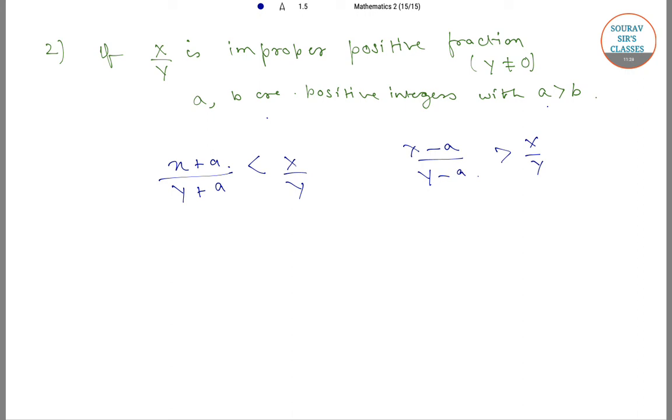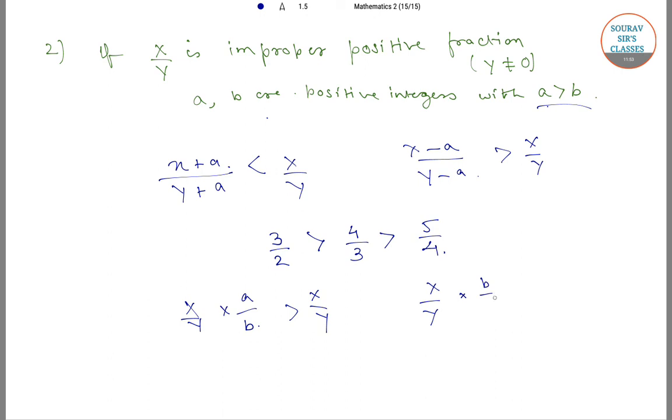So hence we can say that 3 by 2 is greater than 4 by 3 is greater than 5 by 4, and x by y into a divided by b, where a and b are positive integers with a greater than b, this is greater than x by y, and x by y into b by a is less than x by y.